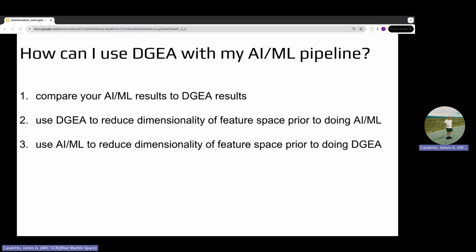Dimensionality reduction is a method in AI and ML to reduce the number of features, and this is one method of dimensionality reduction. And conversely, if you want to provide your results from differential gene expression, but first want to filter out some genes to reduce dimensionality, you can use your AI/ML model to do that reducing first, and then get your results out of differential gene expression.